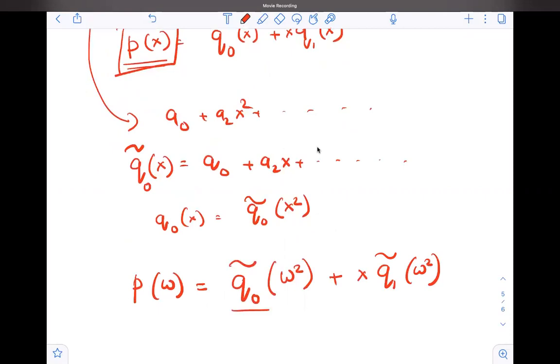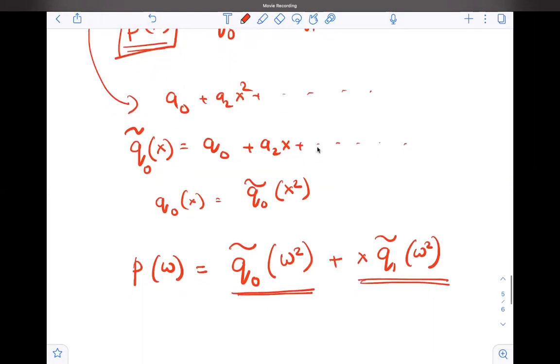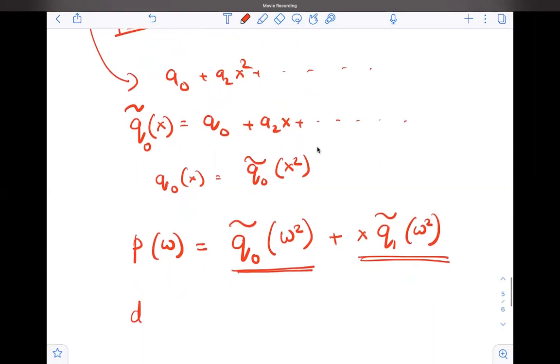Now, how big is this? What is the degree of Q0 tilde? N by 2. Similarly, the same as the degree of Q1 tilde.